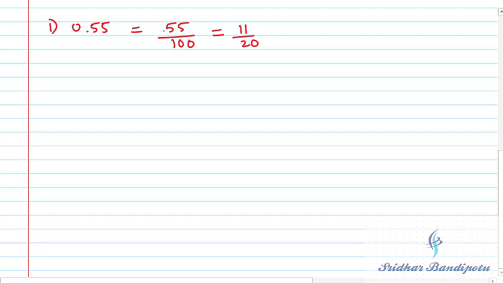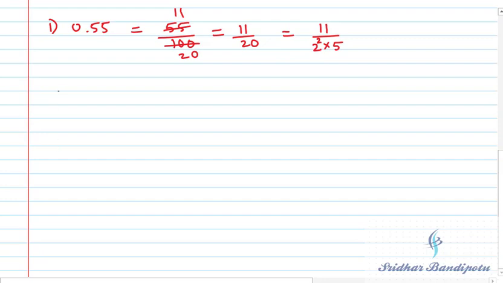Now we can write the denominator 20, actually 4 into 5, as 2 square into 5. So I am writing the prime factorization of 20, that is 2 square into 5.